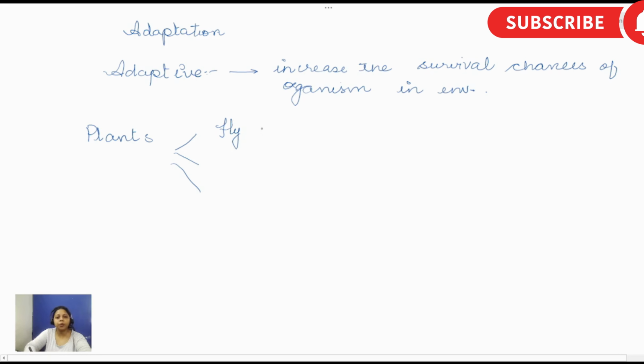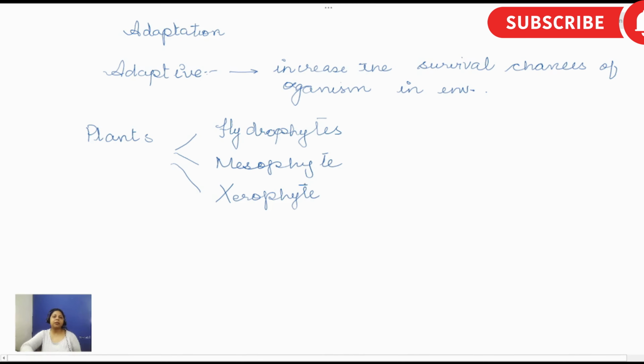Phyte is a word we use for plants, and hydro means water. So these are water plants. Then we have mesophytes. These have moderate availability of water. And the last one is the xerophyte. Xero starts with X like in xylem, but it actually means zero, meaning lesser availability of water.